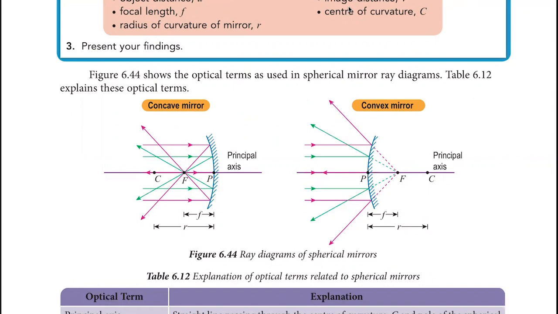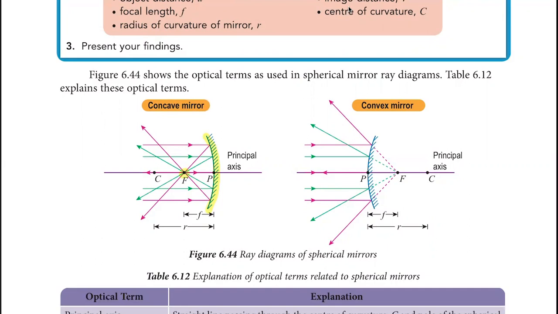For the concave mirror, concave means it is curving outwards, and because of that, all the reflected rays will focus on one point. So the focal point for a concave mirror is in front, on the same side as the object.